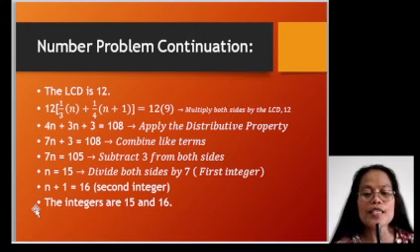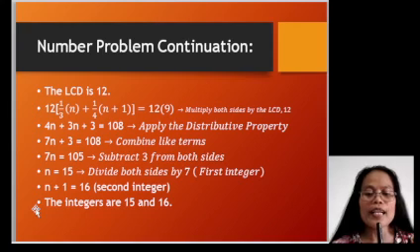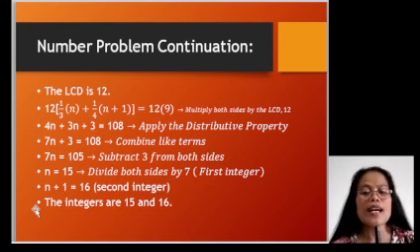So our first integer is 15 because we let n be the first integer. Now we will find the second integer. As we know a while ago, the second integer is n plus 1. So we have already the first, which is 15, plus 1 is 16, and that's the second integer.